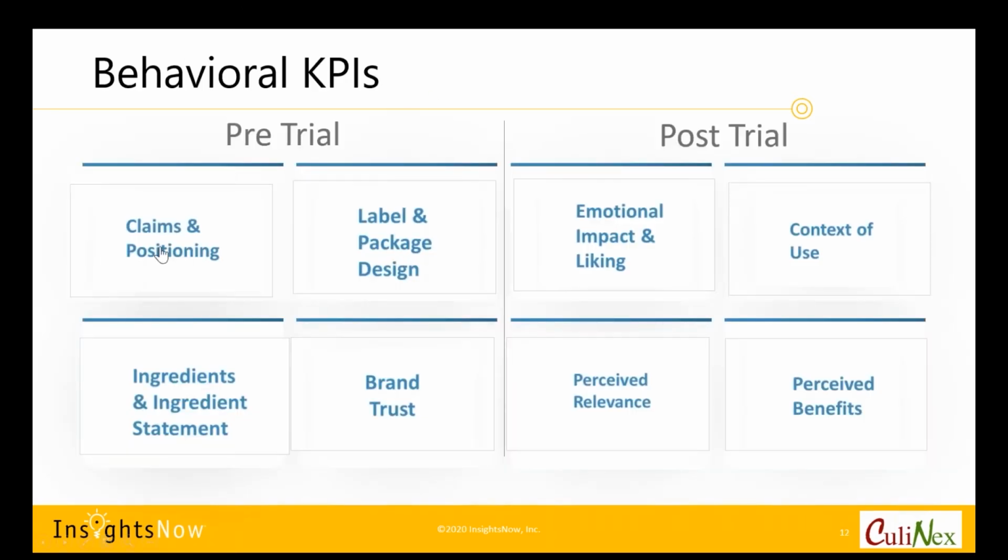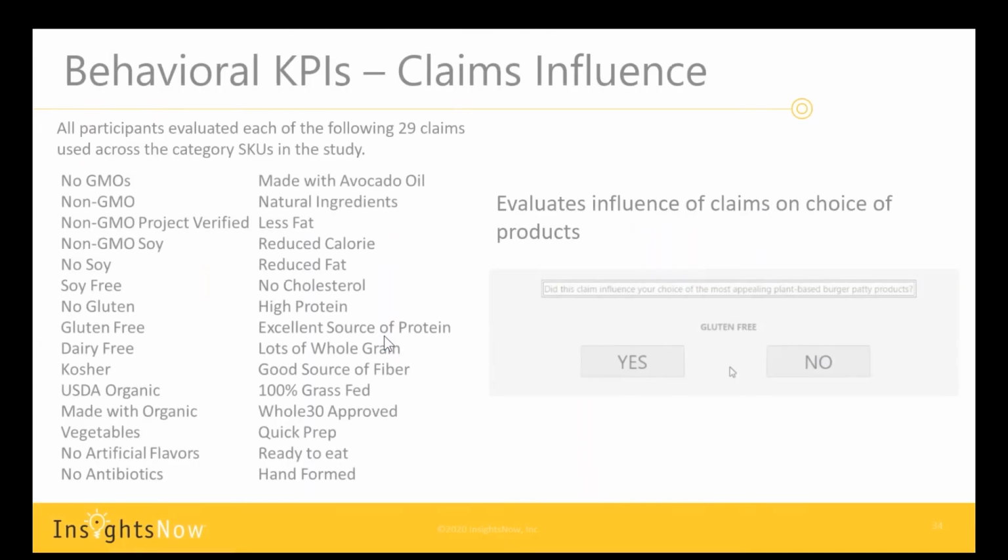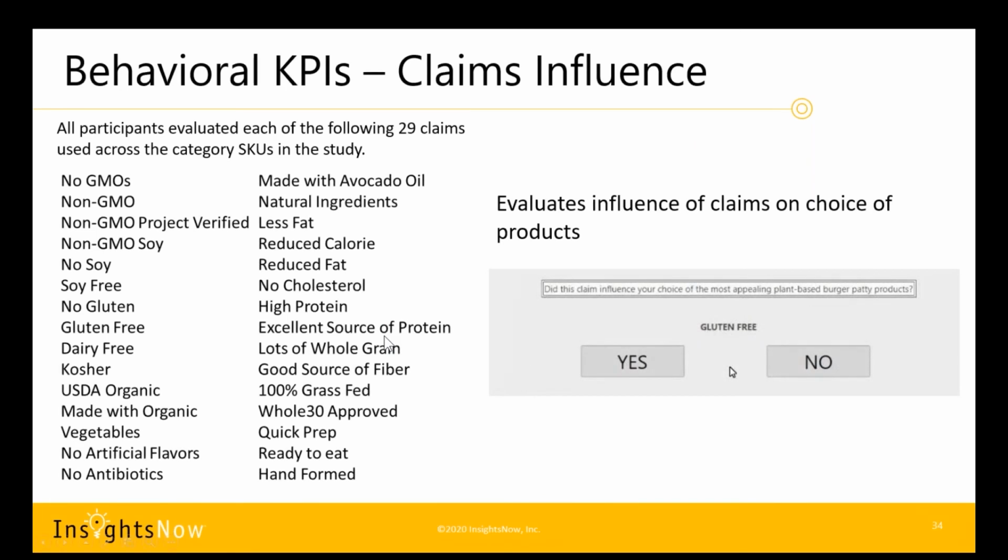So for these different KPIs, these are metrics based on, for instance, claims and positioning. Instead of just asking people whether this claim is important to you, or directly saying would it influence you, we rapidly go through all the claims, 29 claims across this category, using something called an implicit explicit test.